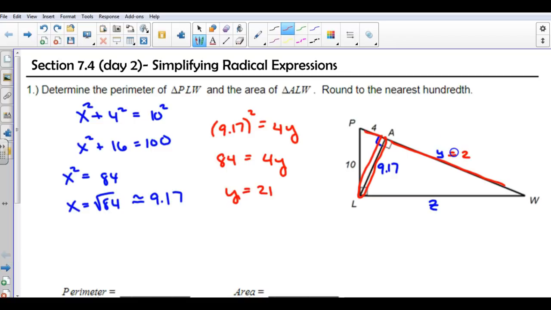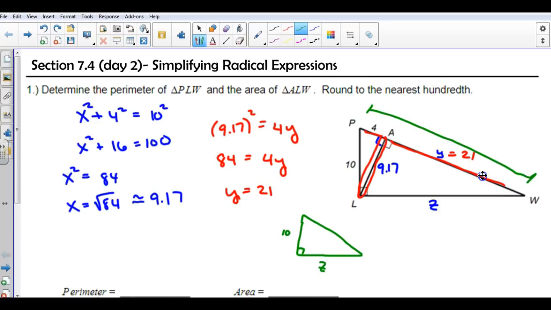So all that I have to do then is divide both sides by 4, and I get a y value of 21. Then we can look at the big picture, which is this giant triangle. I've got 10 as my left-hand side. I know that I have z across the bottom, and then this whole length would be a segment addition. I have the 21 and the 4, so if I add 21 and 4, I get 25.